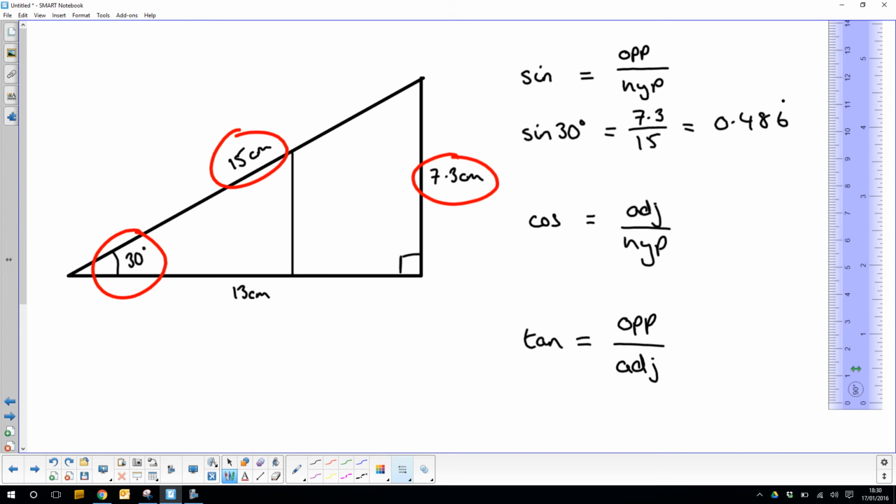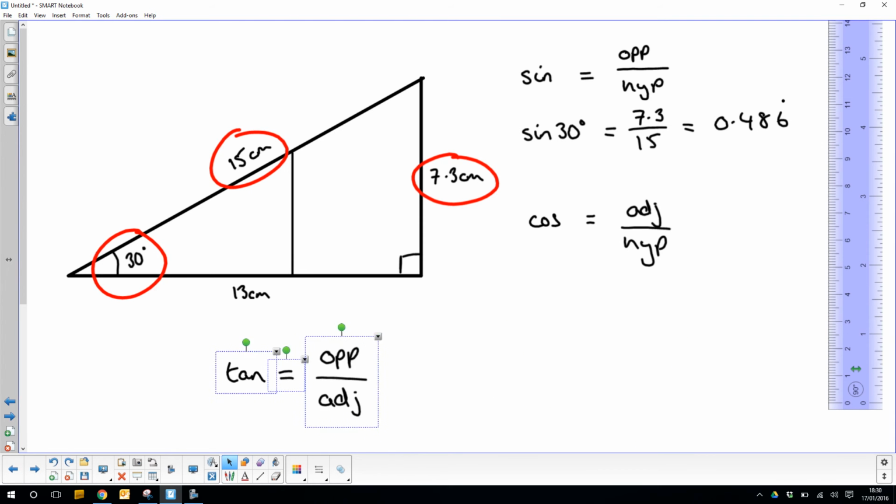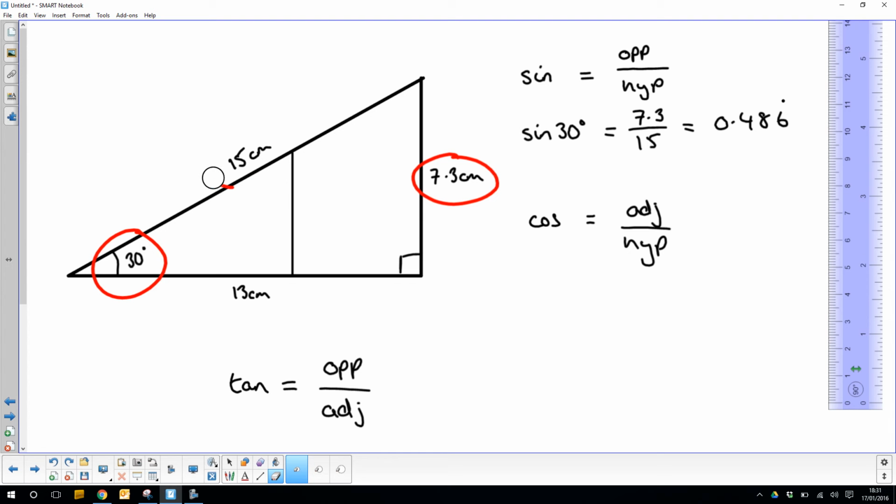Now let's have a look at what cos will give us if we do exactly the same thing. I need a little bit more room. We'll move the tan over, and we also need to get rid of our circles, so we need a rubber. This time we're still working with the angle, but it is adjacent and hypotenuse.